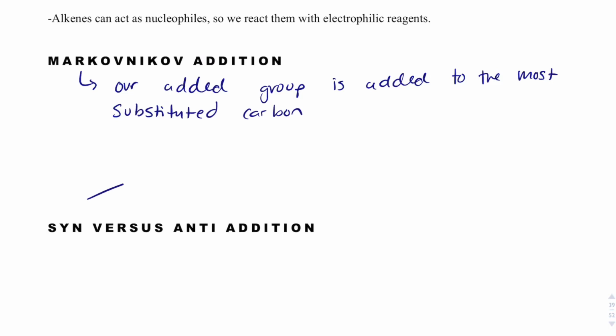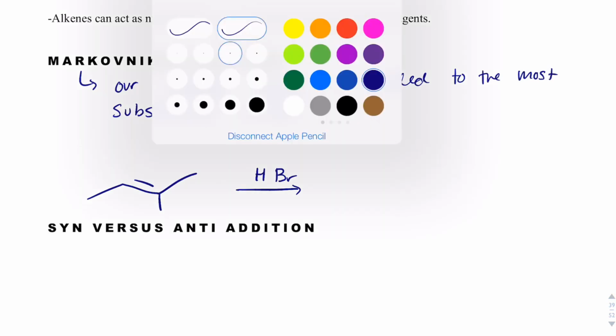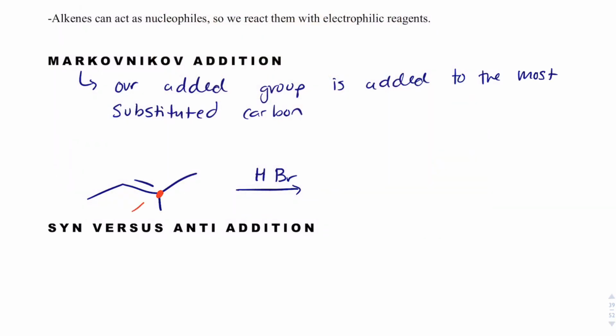So what would that look like? Let's say we had something like this. We had a double bond and we added HBr. What that means is H is going to be added on one carbon and Br will be added on another, while your double bond will go away. Okay? If this is Markovnikov addition, this red carbon would be more substituted.